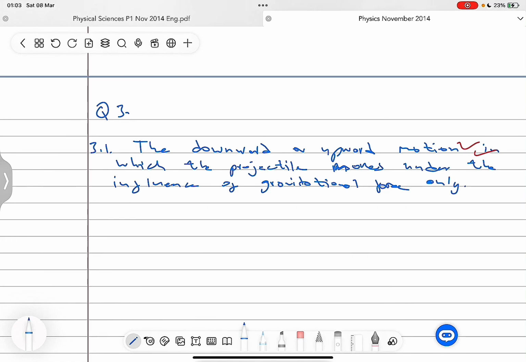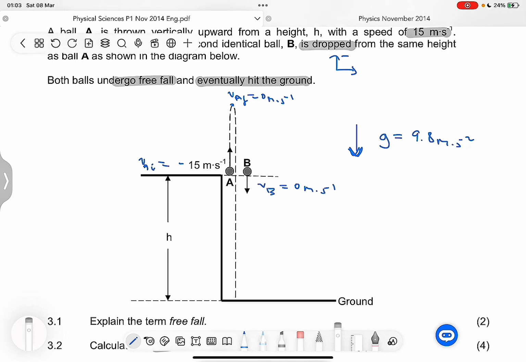There are many ways in which you can solve this specific problem. I'm going to say here that we are looking for time T1, meaning the time that it takes for ball 1. Well, not ball 1, but ball A. We're going to call it ball A in this case, to go up and come down.